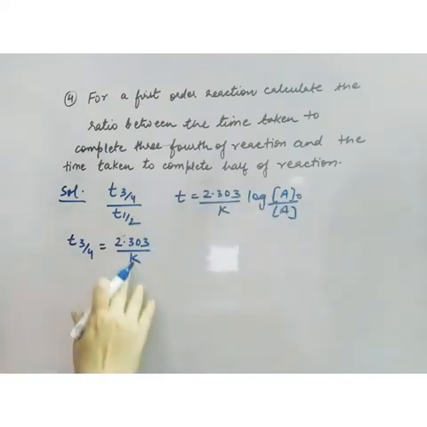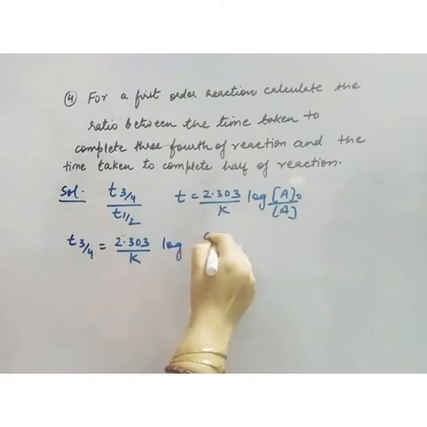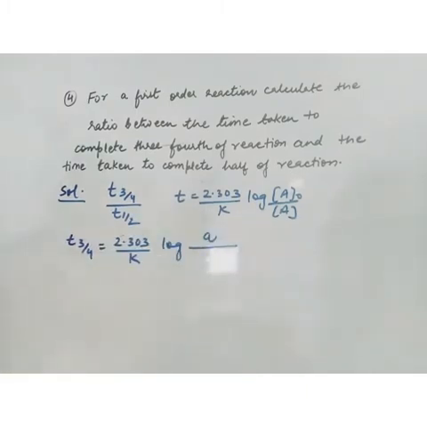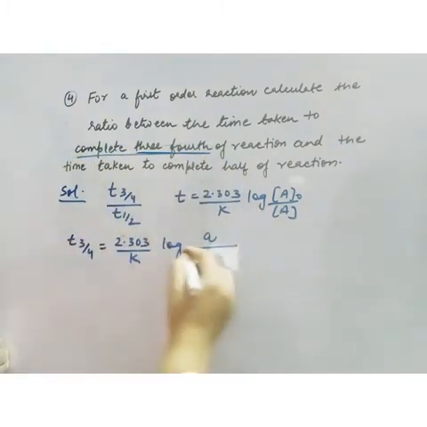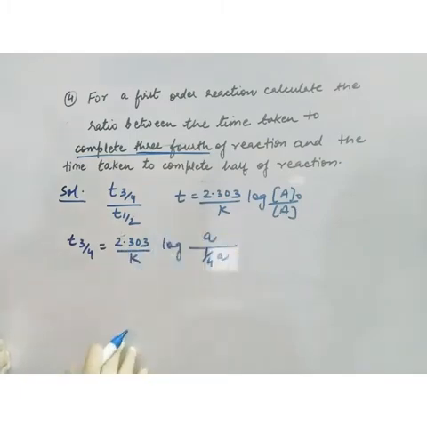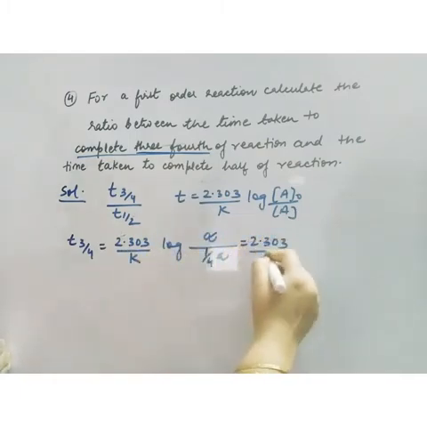Okay, so T3 by 4 is 2.303 upon K. Now reaction is 3/4 complete. So I am taking the initial as A. When it is given in percentage, we can take initial as 100. When it is given in fraction, we can take initial as 1 or A or X, whatever you want. Now 3/4 complete. So how much will be remaining? 1/4. So it is 2.303 upon K log 4.